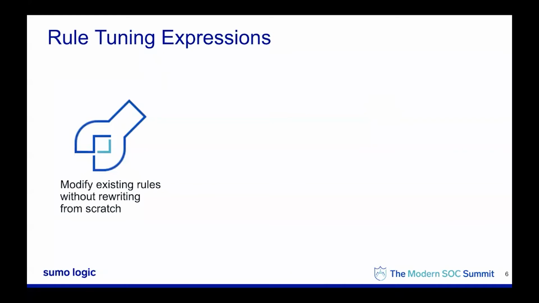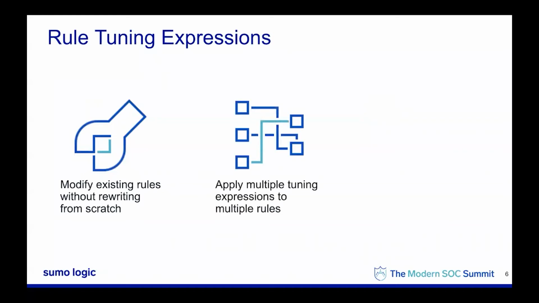Rule tuning expressions, I can apply them to a single rule, or I can apply multiple expressions to a single rule, or I can apply a tuning rule to multiple expressions. So it's one-to-many on both sides, basically. I can take one of my rule tuning expressions and apply it to many different rules, or again, I can take my various rules as I build them and apply them to various rule tuning expressions.